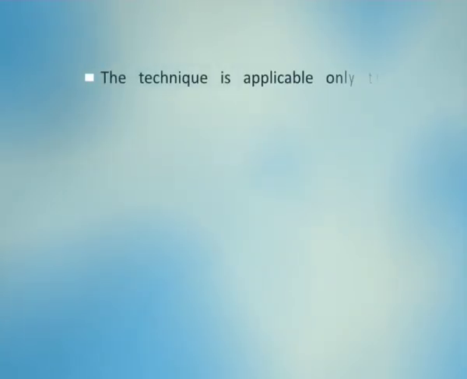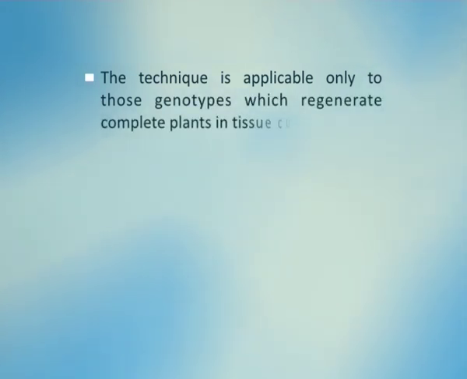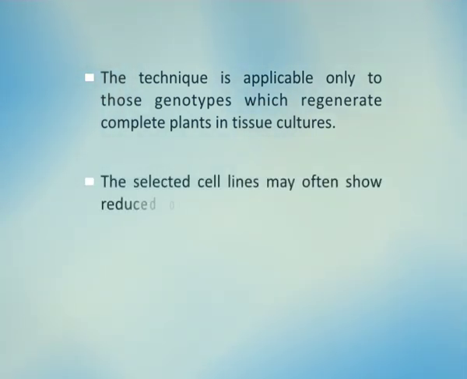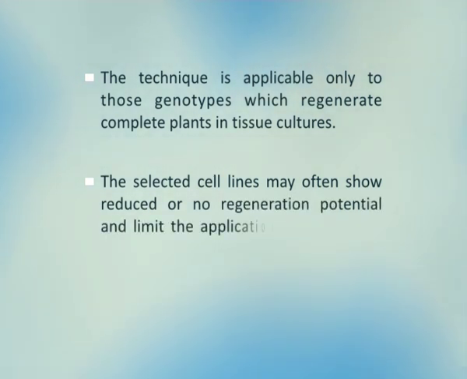Let us now see the limitations of somaclonal variation. The technique is applicable only to those genotypes which regenerate complete plants in tissue culture. The selected cell lines may often show reduced or no regeneration potential and limit the application of somaclonal variations.